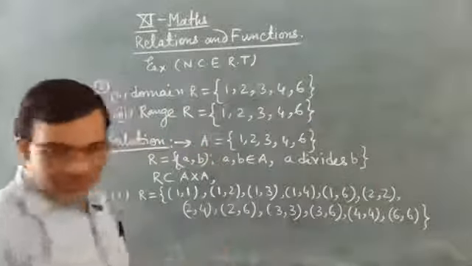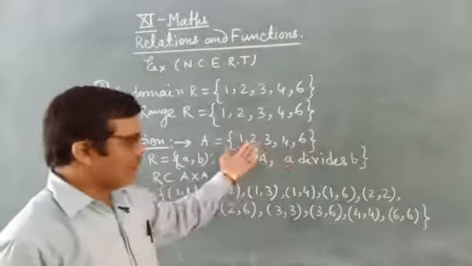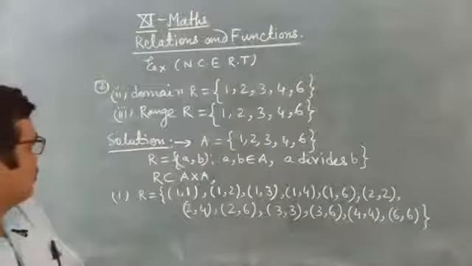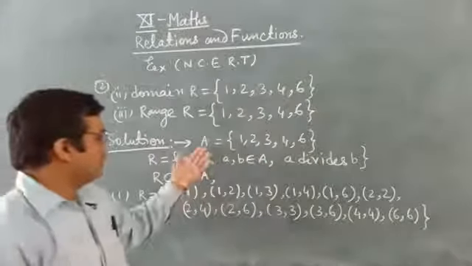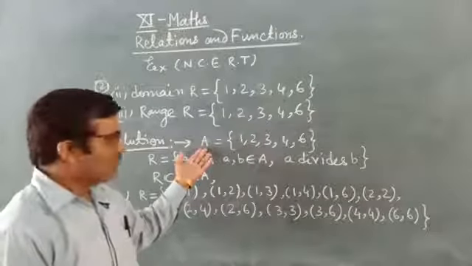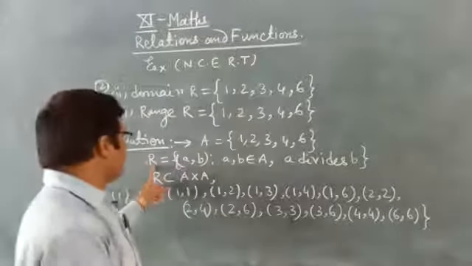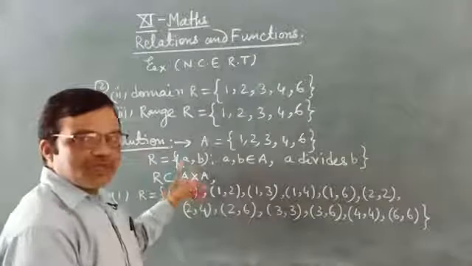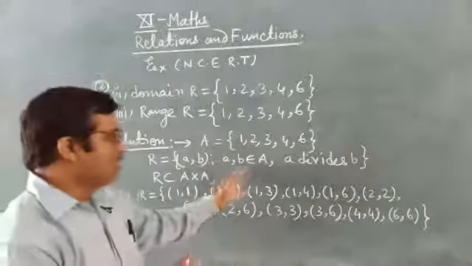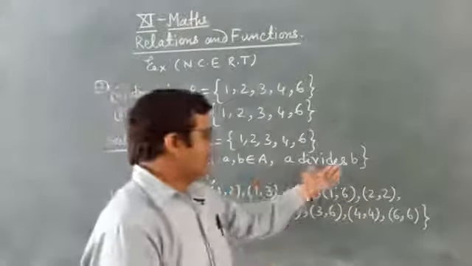If you are asked what is the codomain of this relation, this set A is also the codomain of this relation. Students, set A is given by 1 comma 2 comma 3 comma 4 comma 6, and the relation is R is equal to (a comma b) such that a, b belongs to A and a divides b.